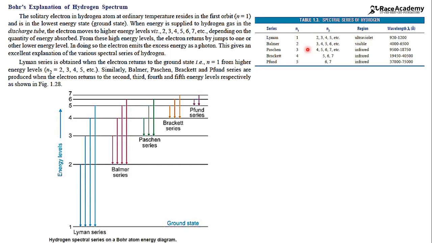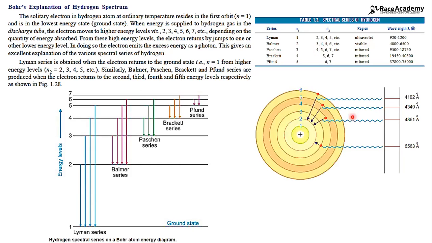Now in this picture you can observe the lines in the hydrogen spectrum, H alpha, H beta, H gamma, with values noticed as 4102 angstrom units, 4340 angstrom units, 4861, and 6563 angstrom units from the experimental results. That means this is the explanation of the spectral lines of hydrogen in the visible region. These lines you can call H alpha, H beta, H gamma, H delta lines.